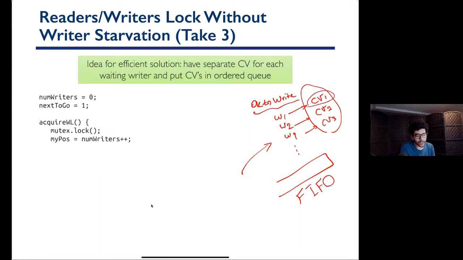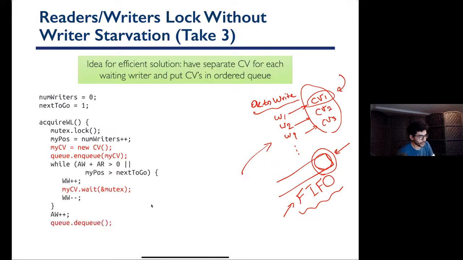When you create your CV, you put that CV in this queue. If we make sure that this queue and these condition variables are created in a mutually exclusive manner, so this queue becomes a critical section for our code, then we can look at the head of this queue, find that condition variable, and send a signal exclusively to it. Because only one thread is waiting on this condition variable, we send the signal to the right person, and then we have first come, first serve.